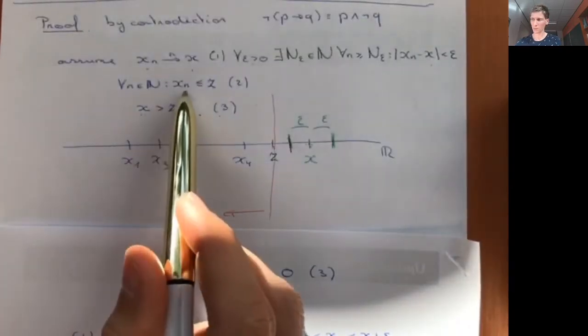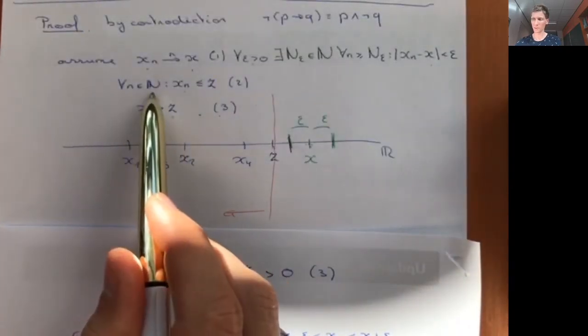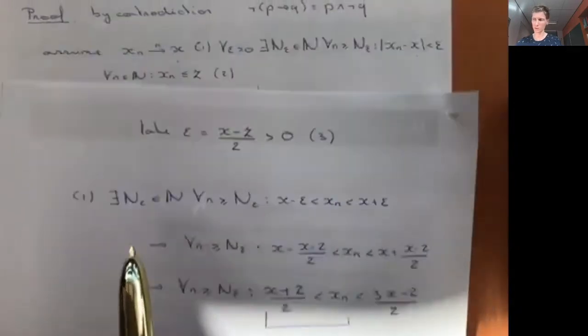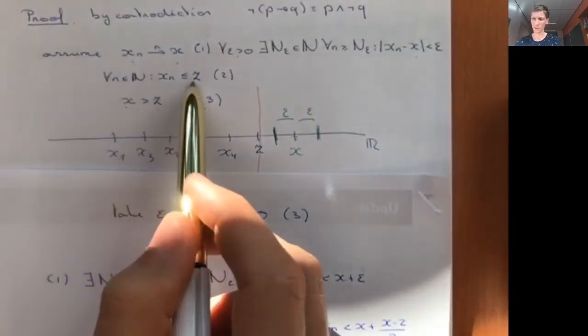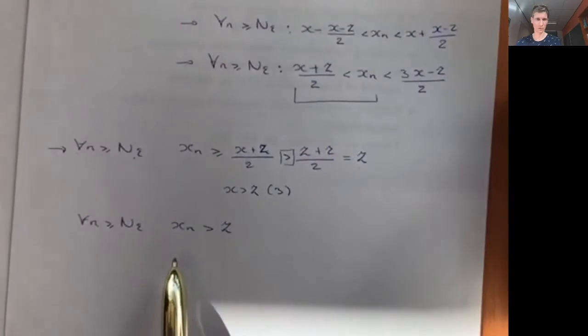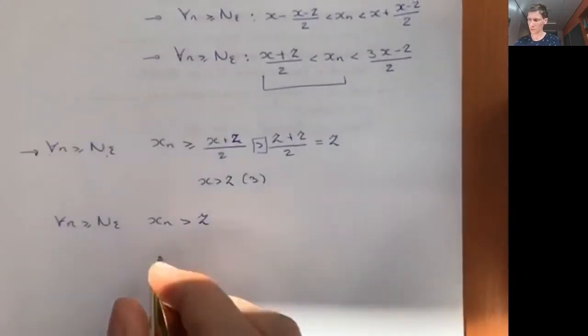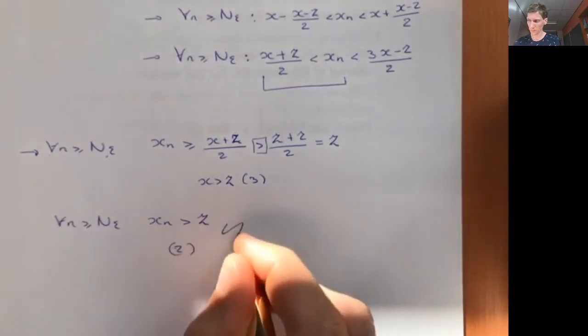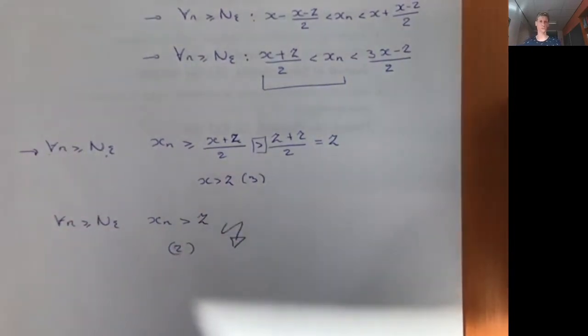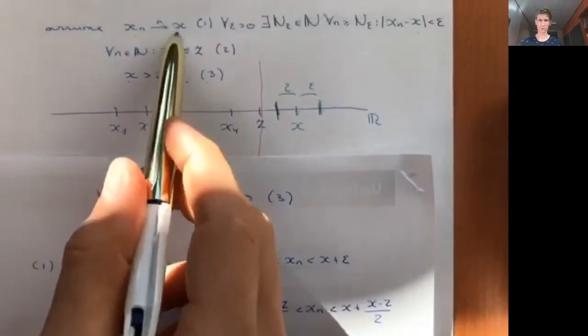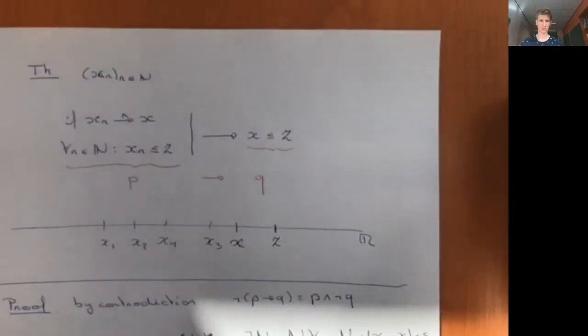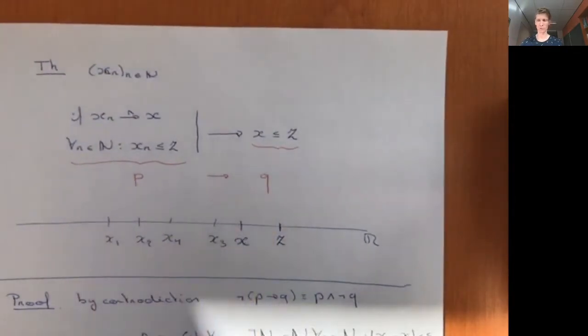However, you also have seen that for all n, x_n is smaller than z. Okay, so this contradicts this. So this is with 2, and you have a contradiction. Okay, which means that not all these 3 things are possible, which means that P implies Q by proof by contradiction.